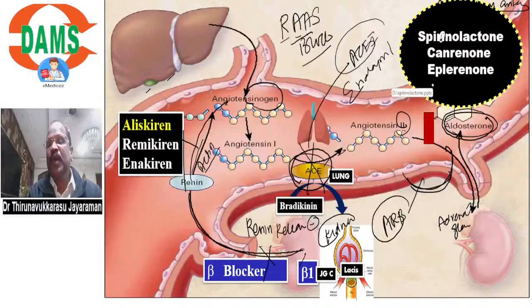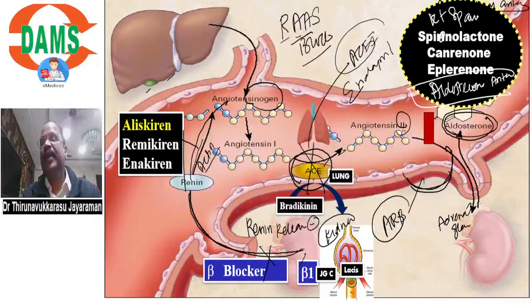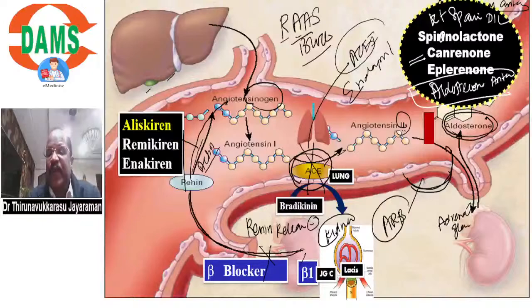All these are aldosterone antagonists, or you can say potassium sparing diuretics. Spironolactone, canrenone, eplerenone. Here an extra point: canrenone is an active metabolite of spironolactone.